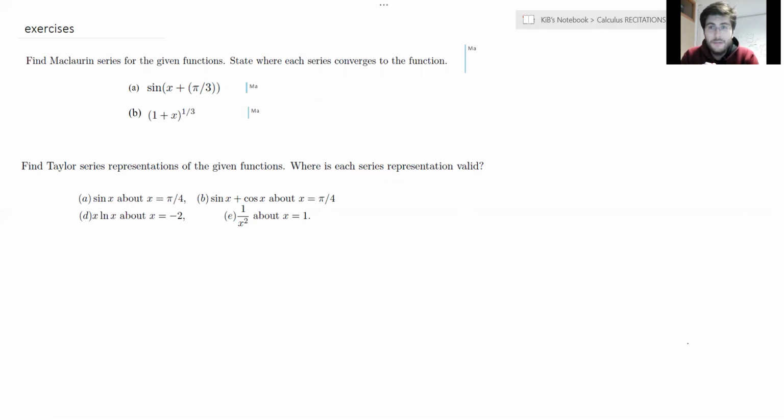In this new coordinate system, it's enough to find the Maclaurin series. Therefore, dealing with Taylor series type problems, by using a suitable change of coordinates, boils down to finding Maclaurin series.